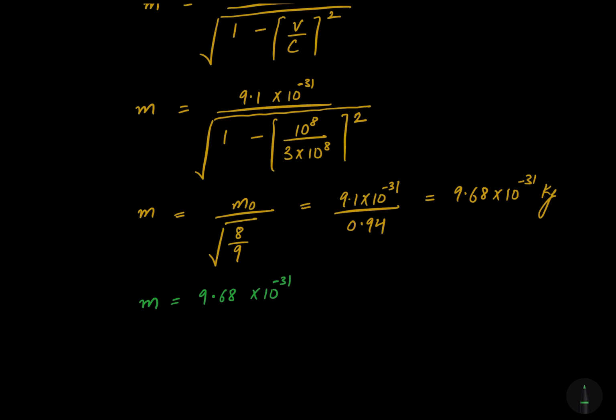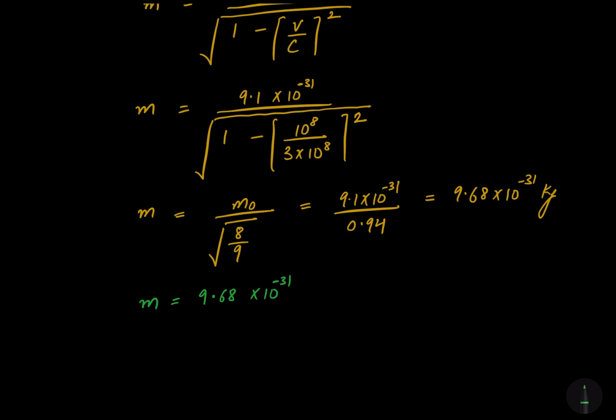The mass of the electron increases by 0.67 into 10 to the minus 31 kgs. It is increased by this value. So the mass of electron has slightly increased when the velocity of electron has approached the velocity which is comparable to the velocity of light.